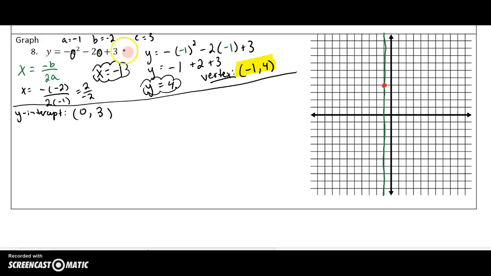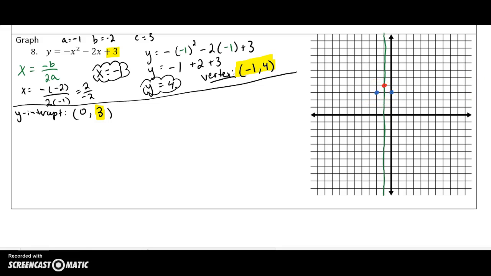So it's going to be right here at 3. Easy enough. That's the easiest thing we're going to do all day. So plot that point at 3, 1, 2, 3. Since it's a mirror image of itself, I'm going to plot this point on the other side of the axis of symmetry.